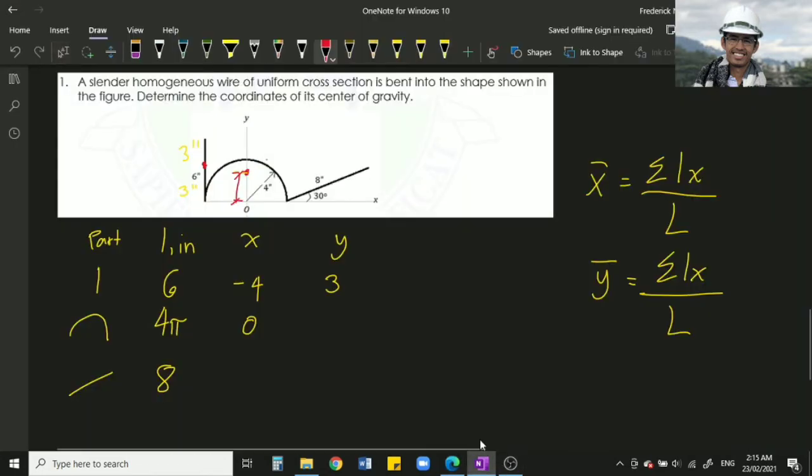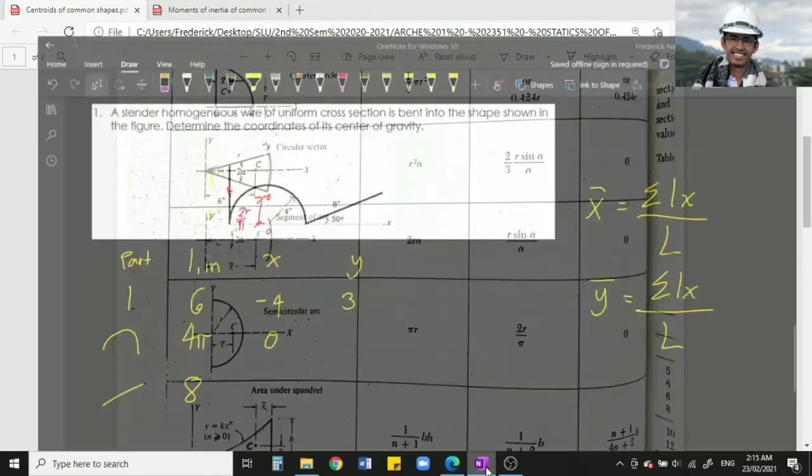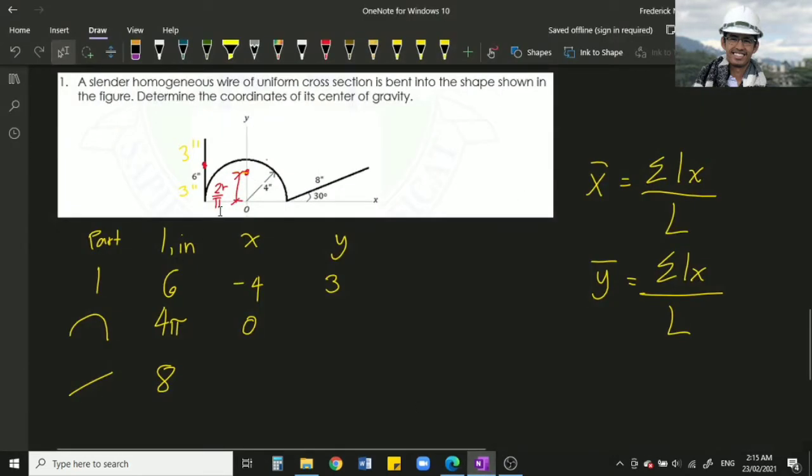So that will be 2r over pi. Okay? Tama? So 2r over pi. So yung r natin will be 4 inch. So i-substitute lang natin. So that will be, ang lalabas will be 8 over pi. Okay? So, yung bar y natin will be 8 over pi.